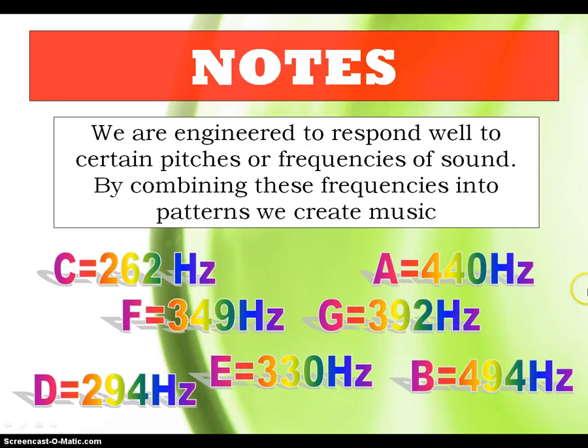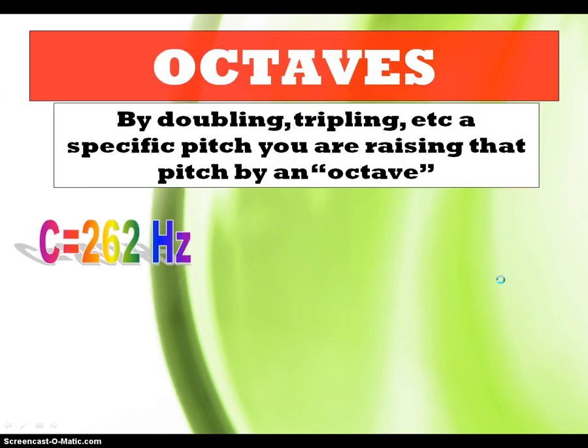I mentioned that A 440 is 440 hertz. So the frequency is the pitch or the note. And if someone is said to have perfect pitch, that means that they can sing out a note that's exactly the frequency of 440 hertz.